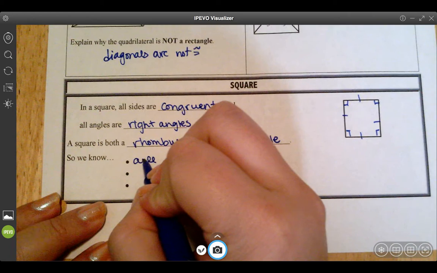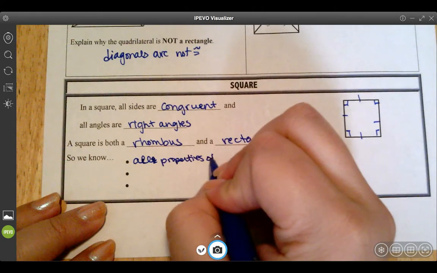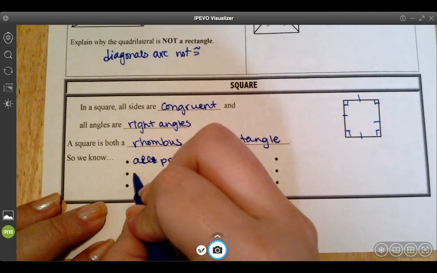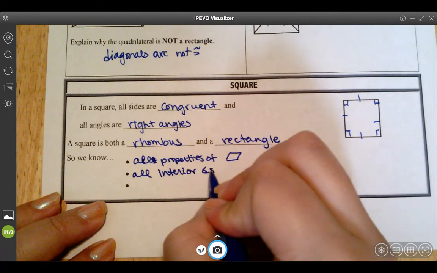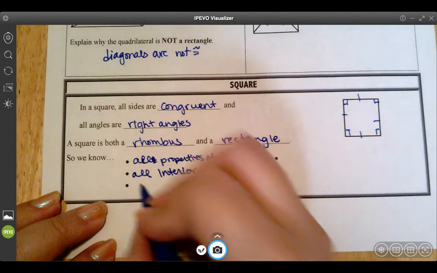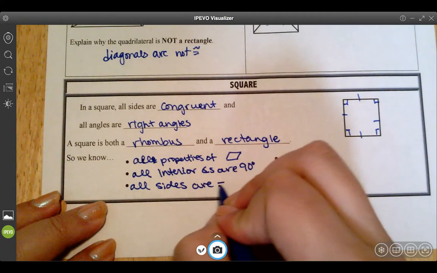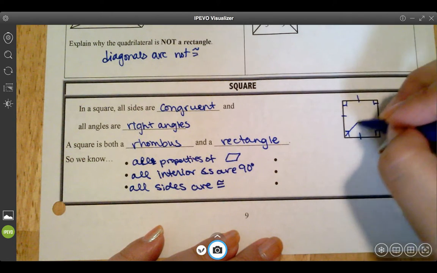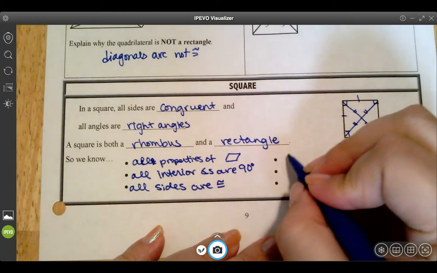So all properties of a parallelogram. We know that all interior angles are 90 degrees. We know that all sides are congruent. Okay. We even know that the diagonals, if I draw them in here, are congruent and bisecting.